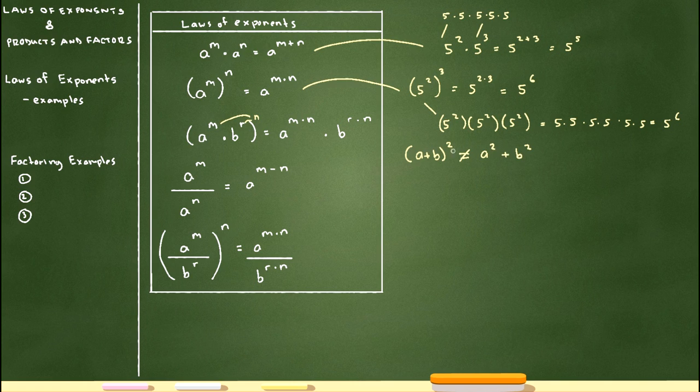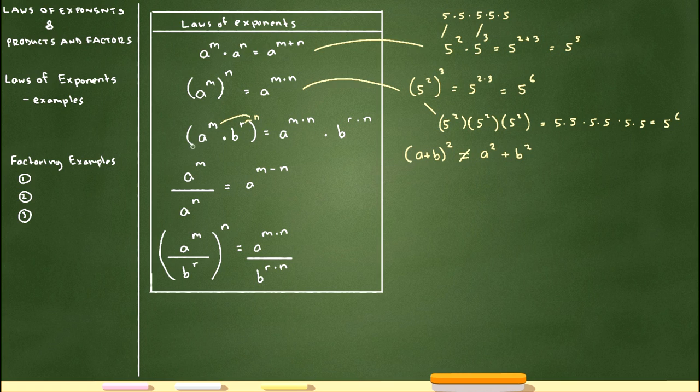This is a very common mistake, so look out for this one. You want to think about what exponentiation means. This would mean a plus b times a plus b, and then you would have to use the FOIL method. I haven't talked about that in any videos yet, but in a future video I will. So you want to be careful of this mistake here.